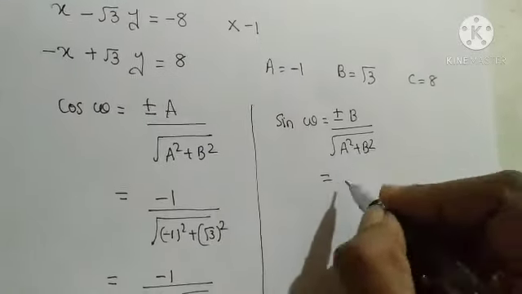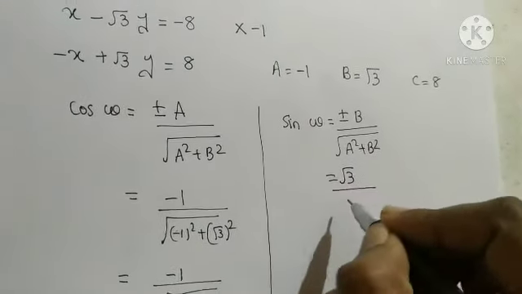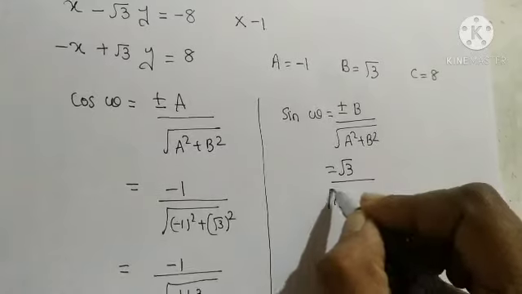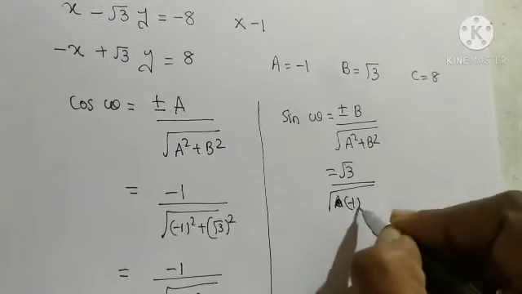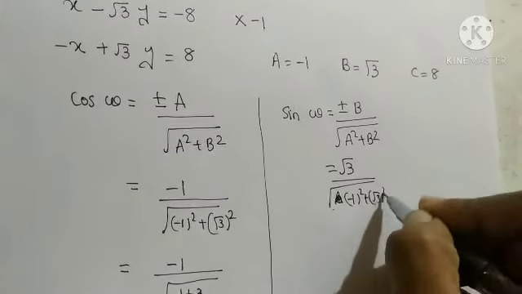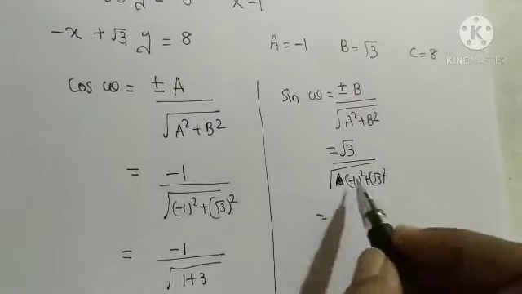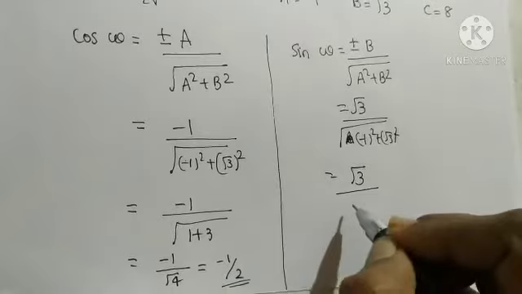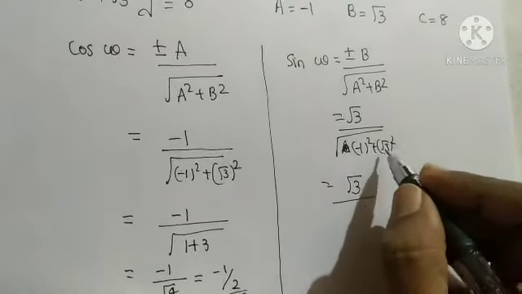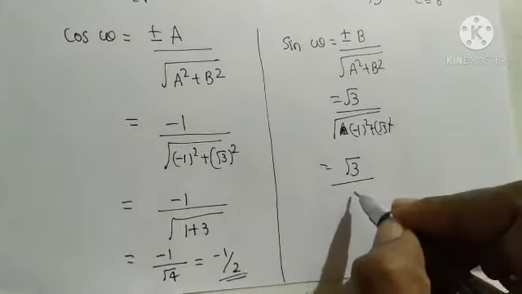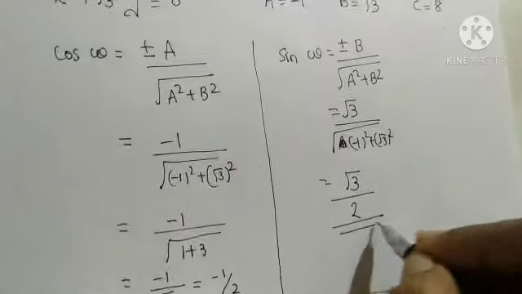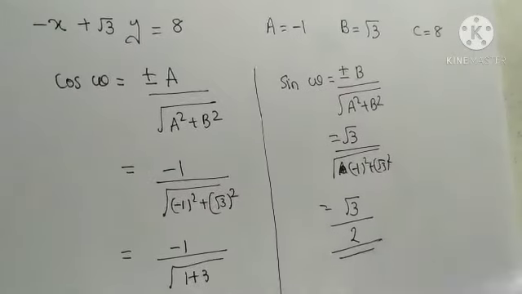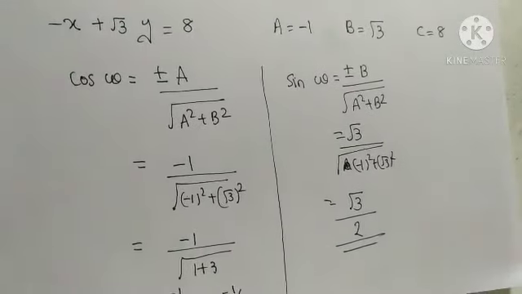Here b is root 3, so substituting here we get root 3 divided by root of minus 1 whole square plus root 3 whole square. Here the denominator is the same in both cases, so the value is 2, right? So here we get sin omega value as root 3 by 2.